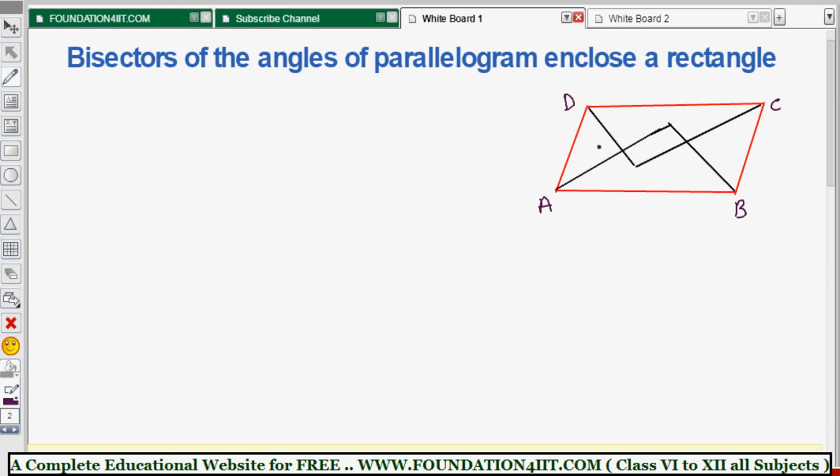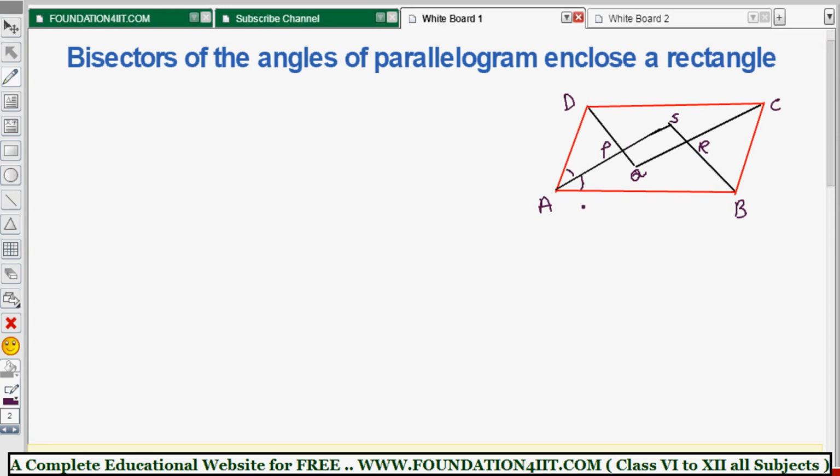That is, take P, Q, R and S. So we need to prove PQRS is a rectangle and ABCD is a parallelogram. Angles A, B, C, D are bisected. So every angle is bisected with this. So that means these two angles are the same, right?